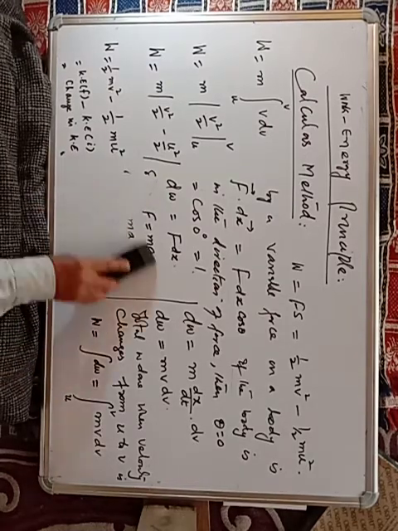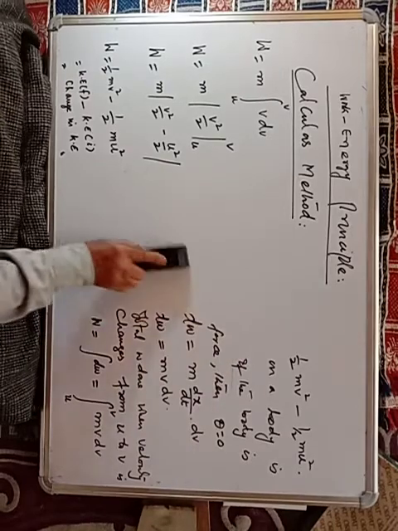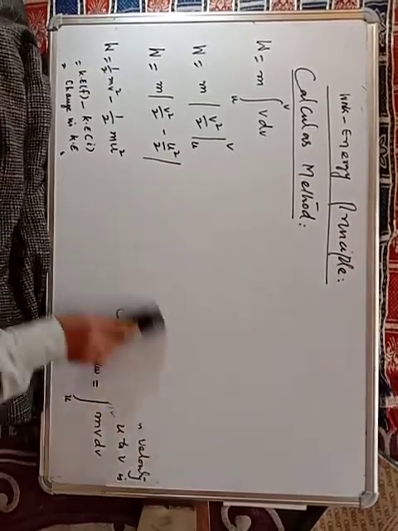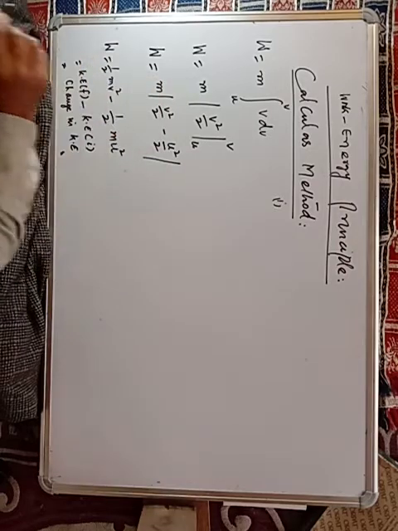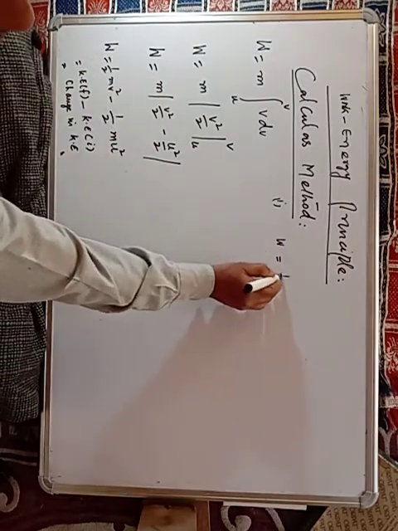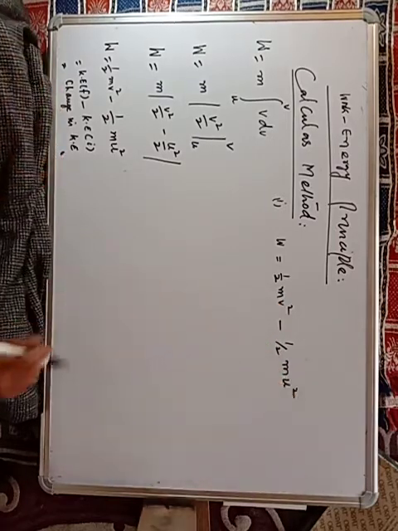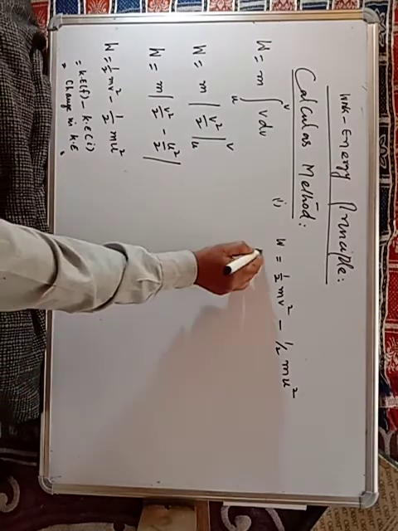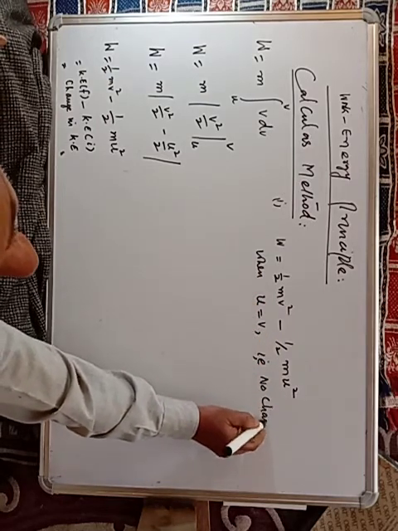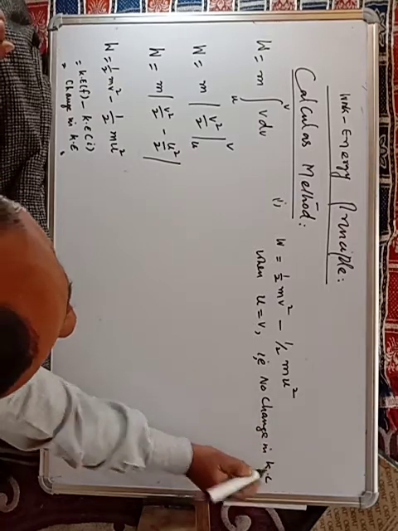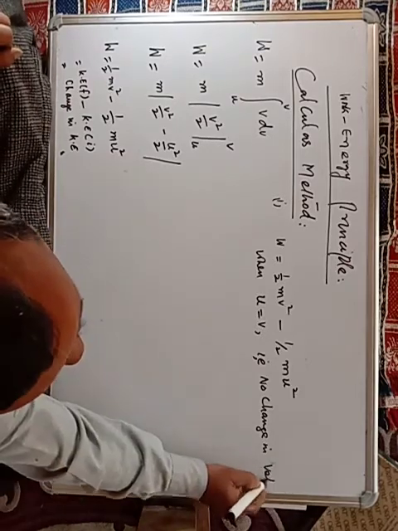Now three cases arise here. Number one: W is equal to 1/2 mv square minus 1/2 mu square, when u is equal to v, that is no change in kinetic energy, no change in velocity.